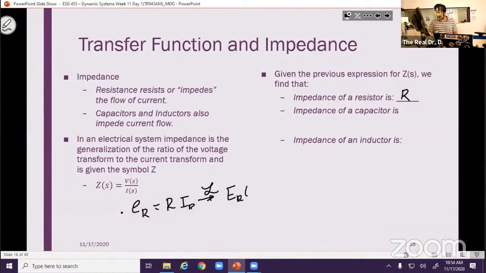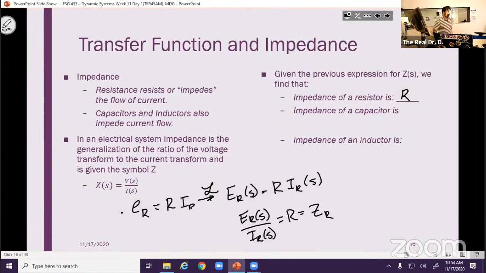This is E_R of S is equal to R I_R of S. So E_R of S over I_R of S is equal to R, which is equal to Z_R. Right? Because it is.